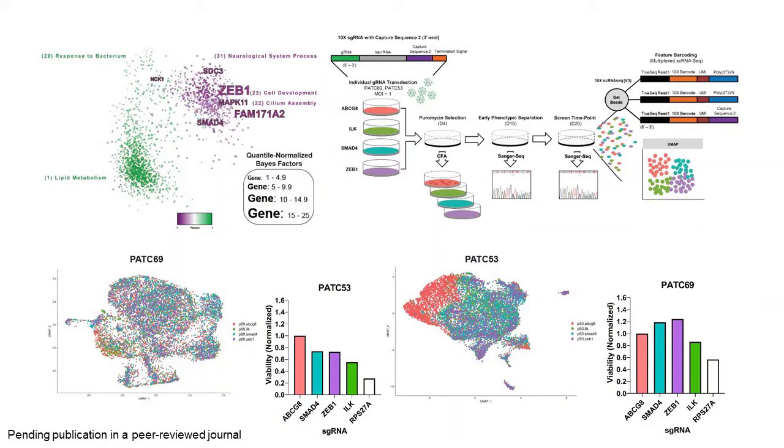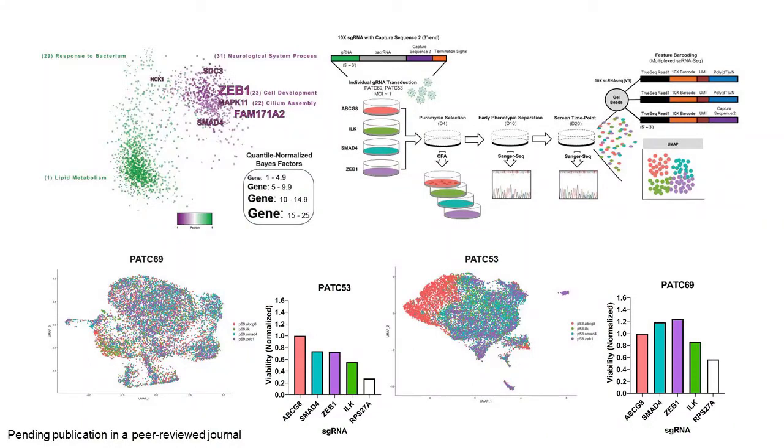However, when you look at PAT53 on the right, which is our basal model, you can see that the red dots here, which are the negative control, ABCG8, are all clustered together on the left, compared to ILK, SMAD4, and ZEB1 knockout cells, all clustered together here, suggesting that there's a stark transcriptional difference between the negative control in this cell line and each of the knockout conditions.